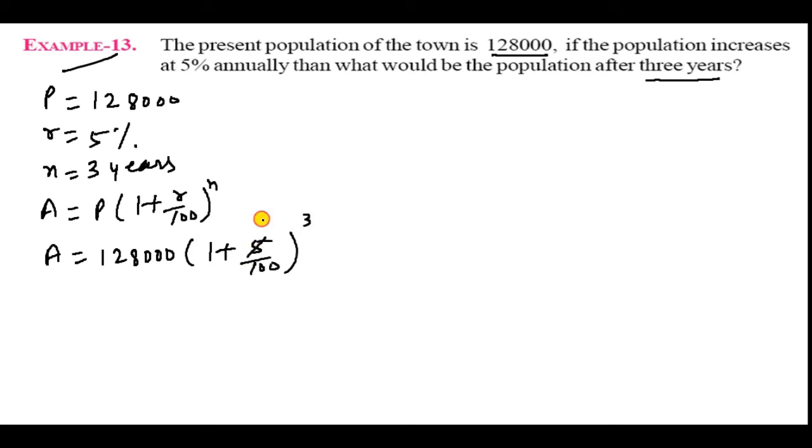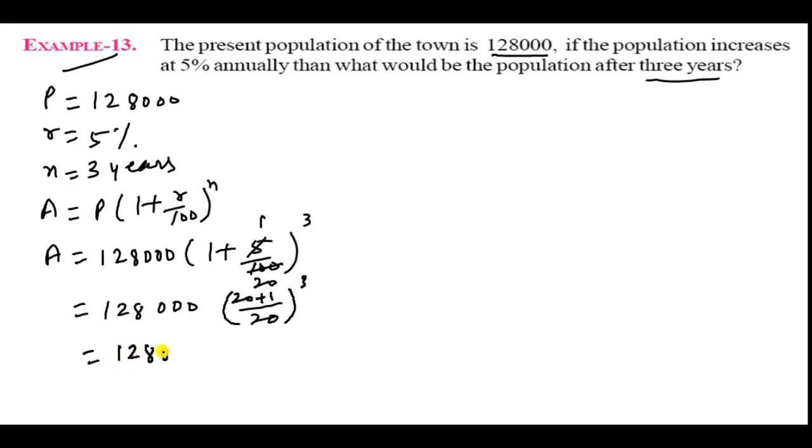So let us start. A will be equal to P(1 + R/100) to the power n. So we want the amount. R is given as 5 upon 100 and power n is 3. So 5 ones are 5 and 5 fours are 20.